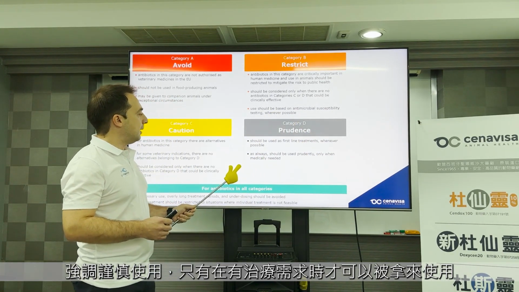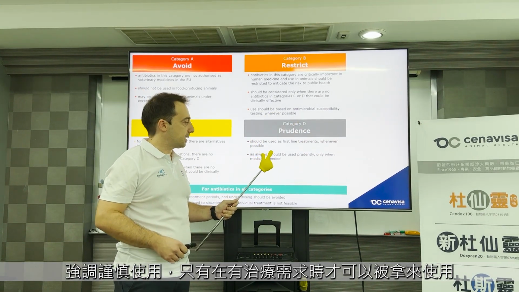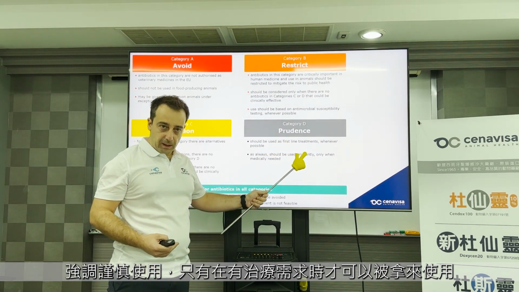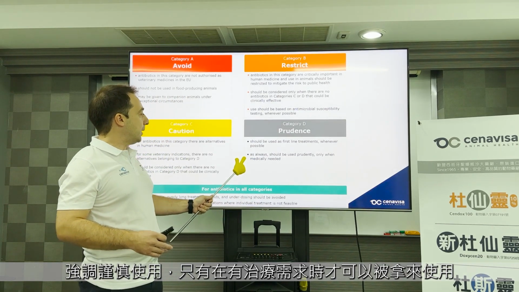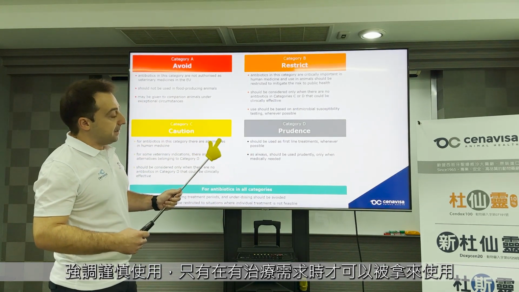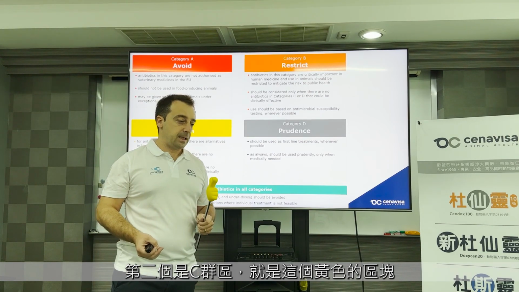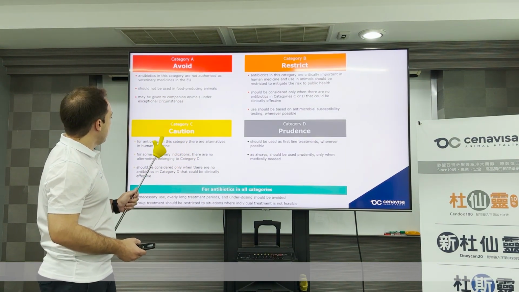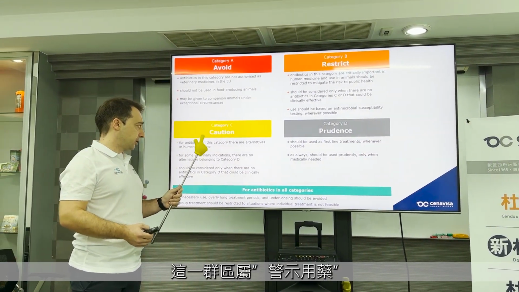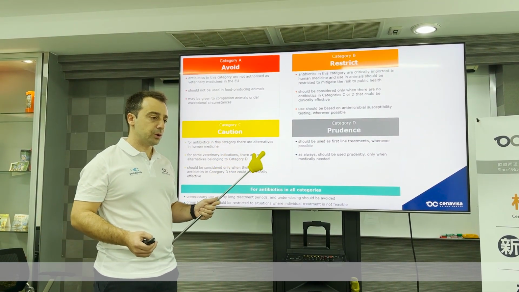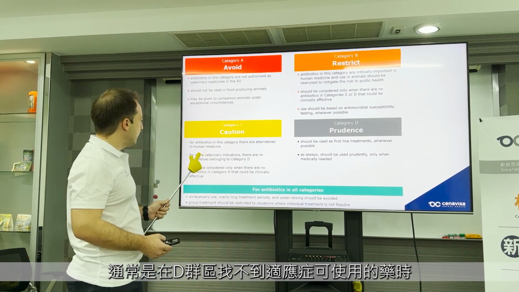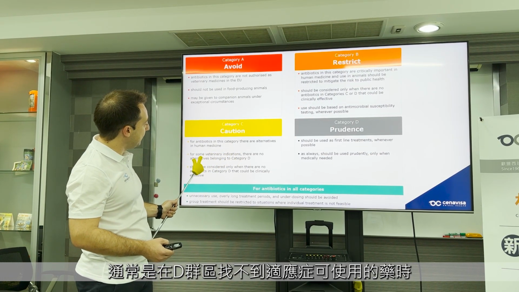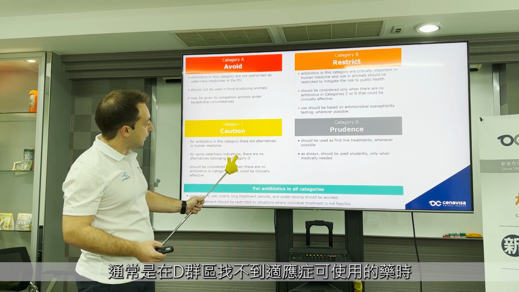Later we'll see which ones are in these categories, and they should always be used prudently, only when medically needed. The second category is caution, this yellow category. The antibiotics here you have to use when you don't have an alternative belonging to category D.